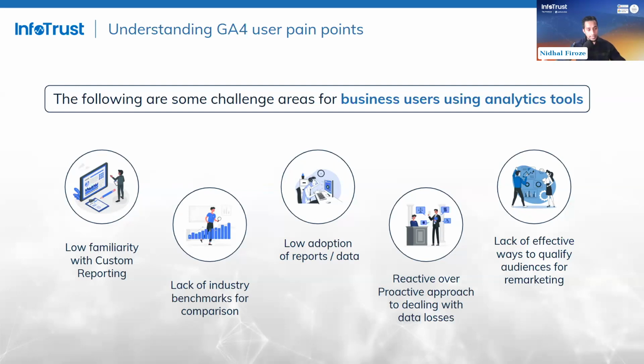The second problem is how does my data compare to similar companies or peers in the industry? This has been a question that I have personally, from my experience as a consultant, been asked a lot of times.